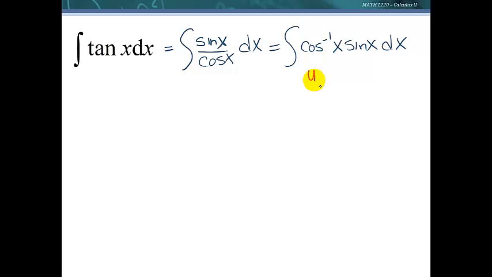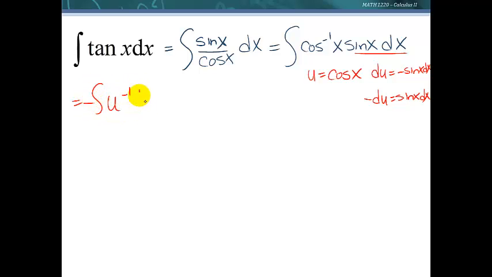So we could let u be cosine x, and then du would be negative sine x dx. And so we already have the sine x dx, so negative du would be sine x dx. So this is going to be the integral of u to the minus 1 and a negative du.